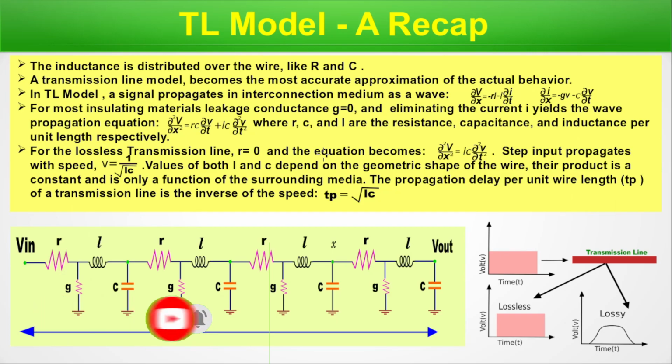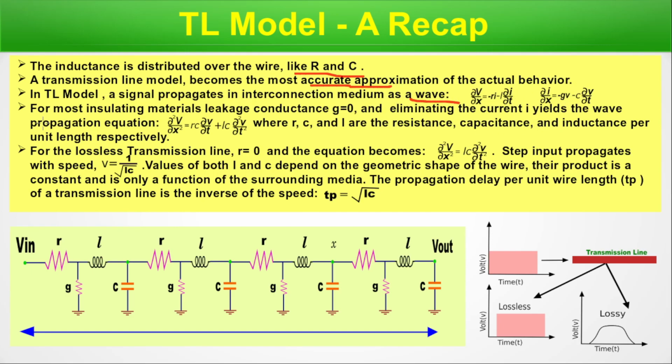TL model, a recap. We discussed the transmission line model in the last episode. It's just a small recap, because after that we will talk about termination of transmission lines. Inductance is also distributed over the wire like R and C, and the transmission line model applies at high frequency and in state of the art devices. It's almost the most accurate approximation, and the signal propagates as a wave.